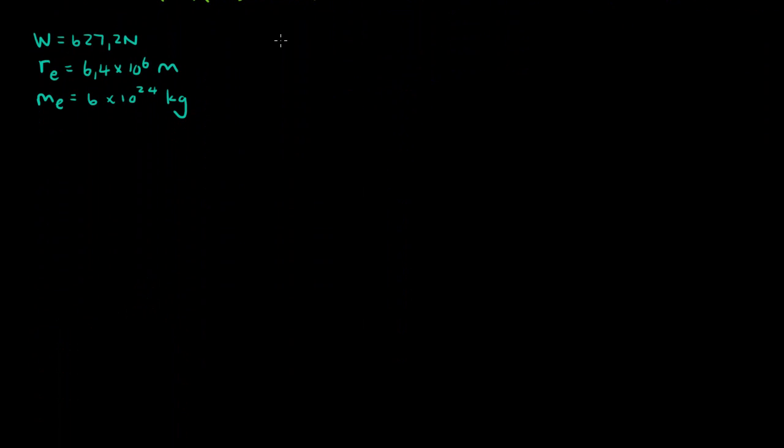Okay, so height, we just call that maybe h, is equal to 850 kilometers. And the new weight is equal to 23% less than W, which is the weight on the surface of the Earth.